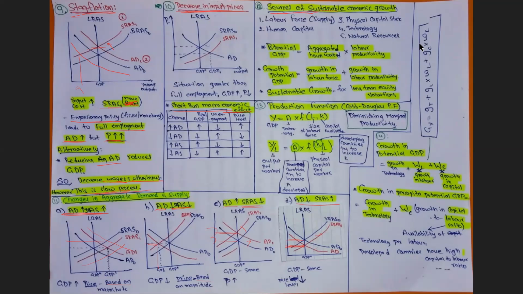So the sources of sustainable economic growth: how can we maintain economic growth sustainably over the period? That is labor force. When the nation has high labor force participation, that is people working more, then it can supply more goods and economic growth will be high.